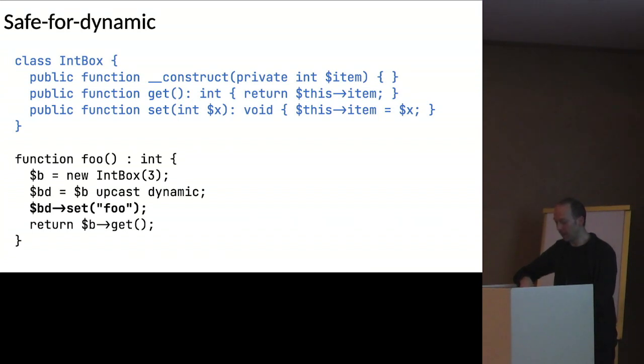So we call the set method on BD, which at runtime is an IntBox, and we try to set the item to a string. Just take a second to think about what you think should happen when this line of code is run.